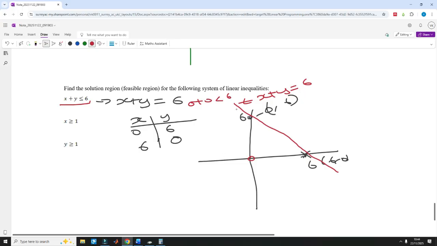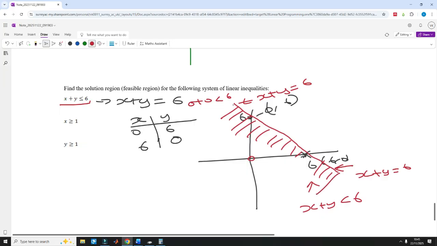Yes. Which means this side, or this plane, corresponds to x plus y less than or equal to 6, and the straight line corresponds to x plus y equal to 6. So altogether this whole plane represents x plus y less than or equal to 6.